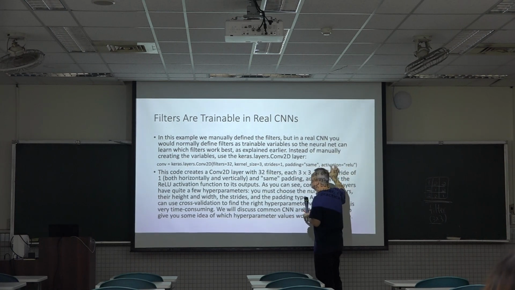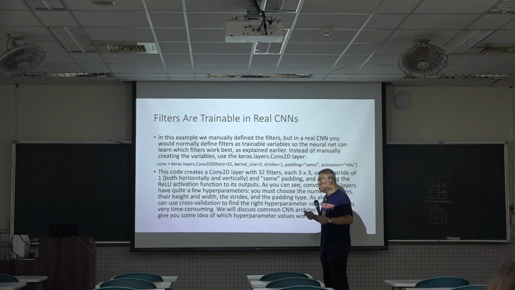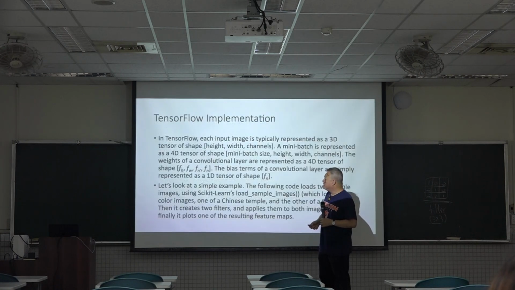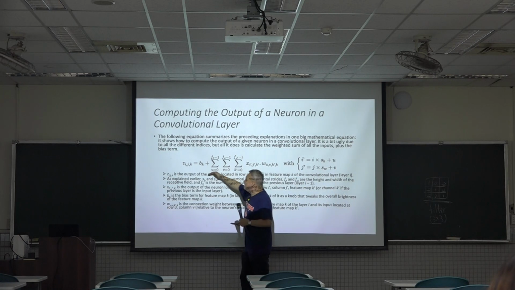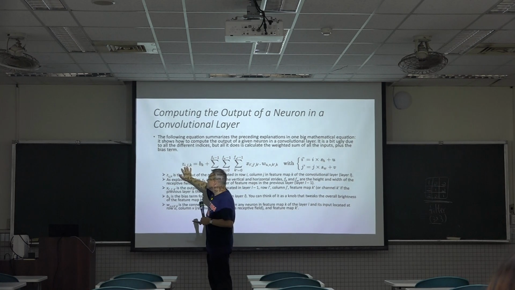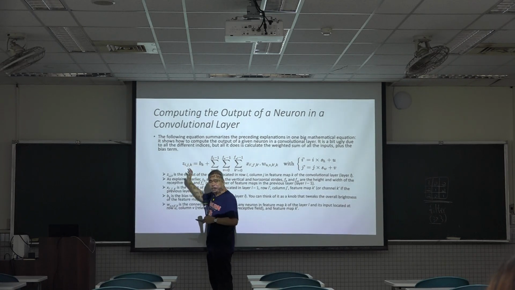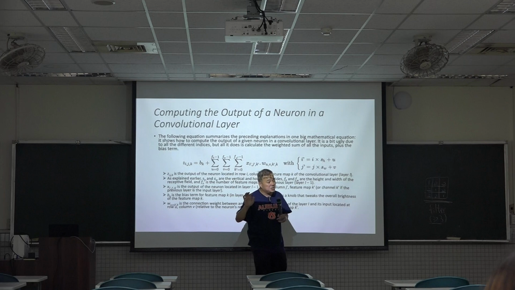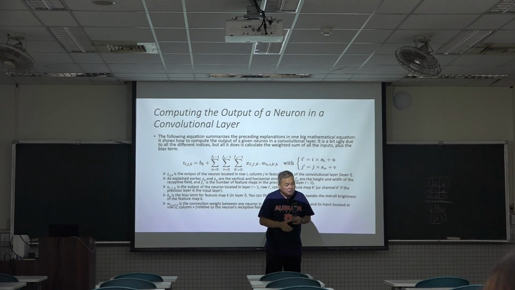Activation is ReLU. We haven't talked about activation functions yet. Remember this formula? Once we add this together to get this value, we have to apply an activation function on this value, and that becomes the output of that neuron.